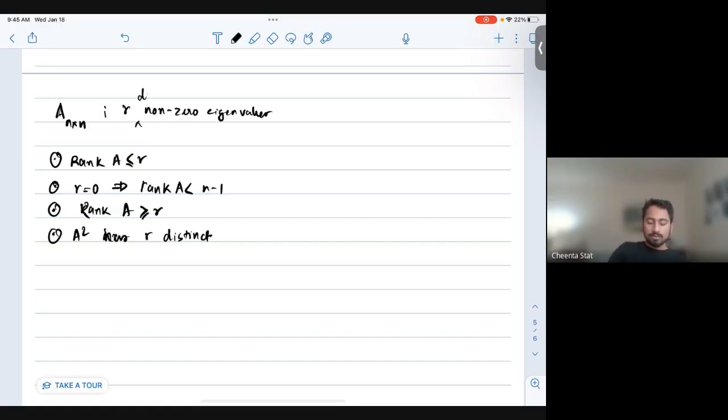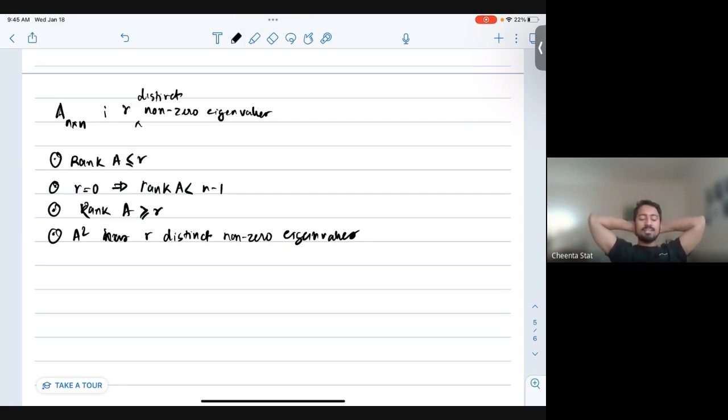If A to the power n has r distinct non-zero eigenvalues, then the rank of A is less than or equal to r. If r equals 0, then the rank of A is less than or equal to n minus 1. So which of the following? Let's start with the last one because it's similar to the previous one.